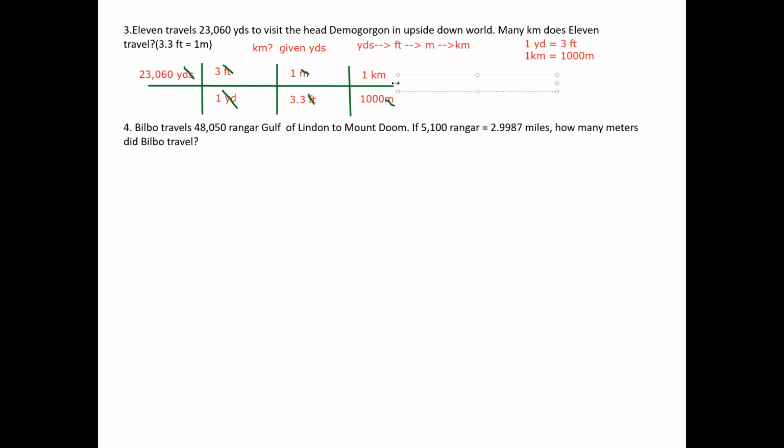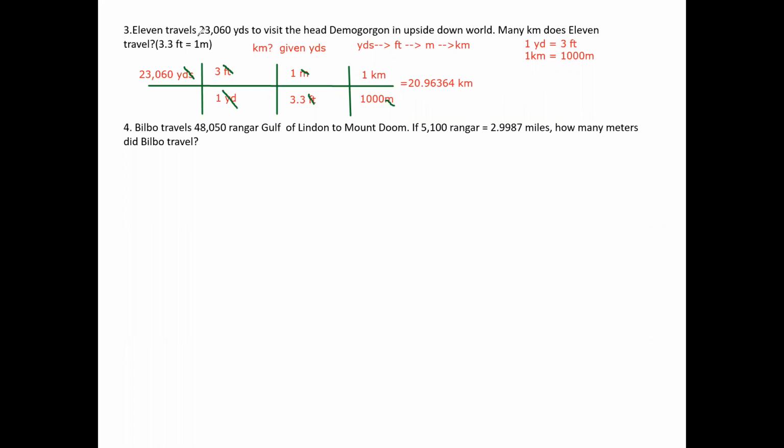And we get, Mr. Calculator tells us, 20.96364 kilometers. But wait, we're not finished. We've got to look at the number of significant figures to determine what to round the answer to.